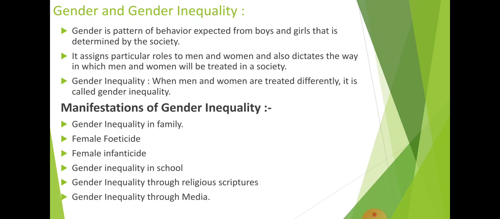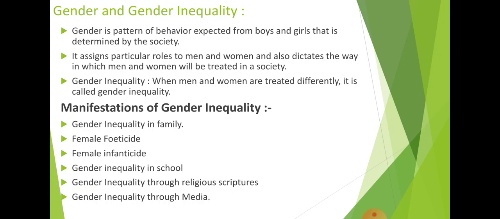Religious scriptures. Gender inequality also prevails in the religious scriptures. How is it so? Because many of the books or scriptures were written by men, so it is natural that women have been assigned a second-grade role in religious life as well. The books were written by men, so they considered women as second, at the second level, at the second grade.